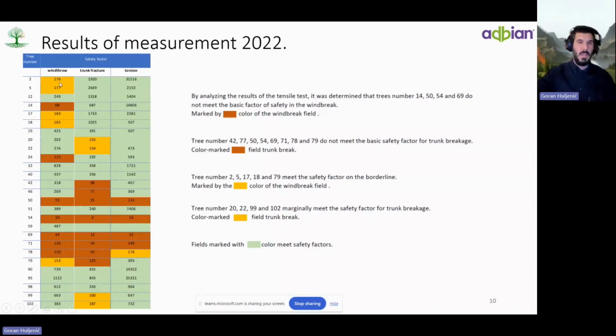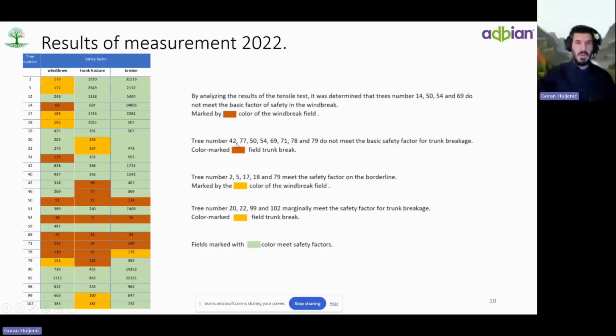We calculate the wind throw, so is the tree going to uproot by big winds? We then calculate the trunk fracture or trunk breakage, if the trunk is going to break when it's loaded by wind, and we calculate the torsion of the stem, if the stem or trunk is going to be broken by torsion.